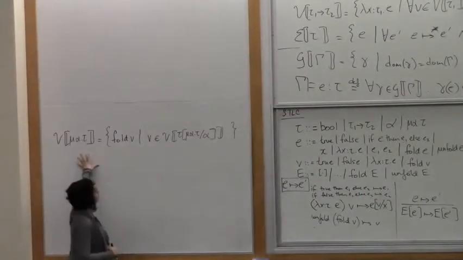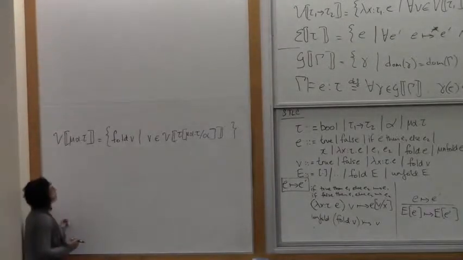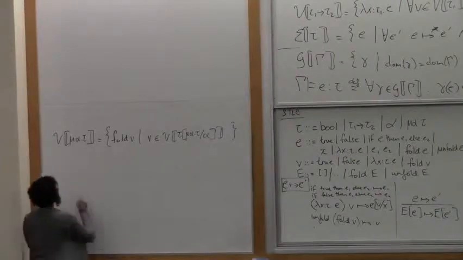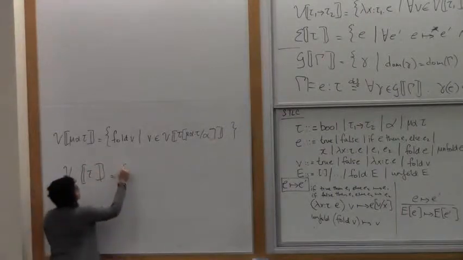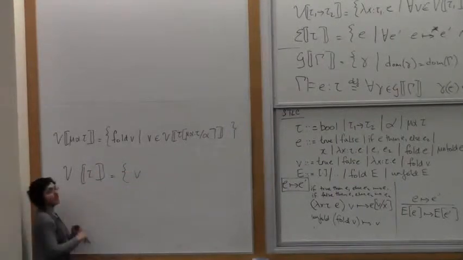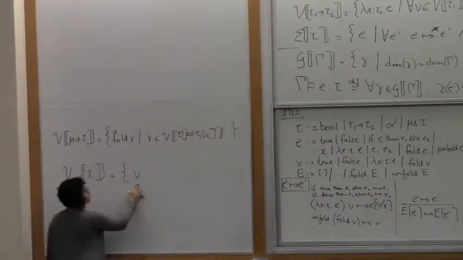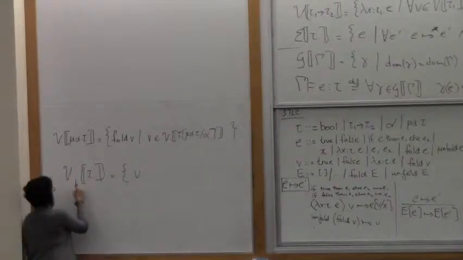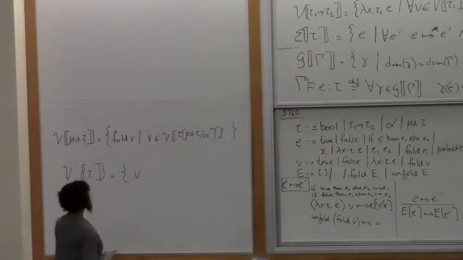Basically, here the problem is that the types are getting larger. With step indexing, we're going to extend our logical relation slightly. We're not just going to say that some value V belongs to the value interpretation of tau. We're going to put a natural number here, 0 or greater. This is our step index.